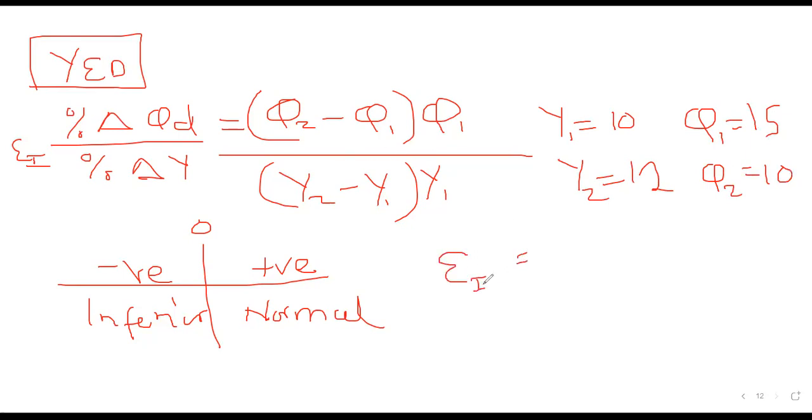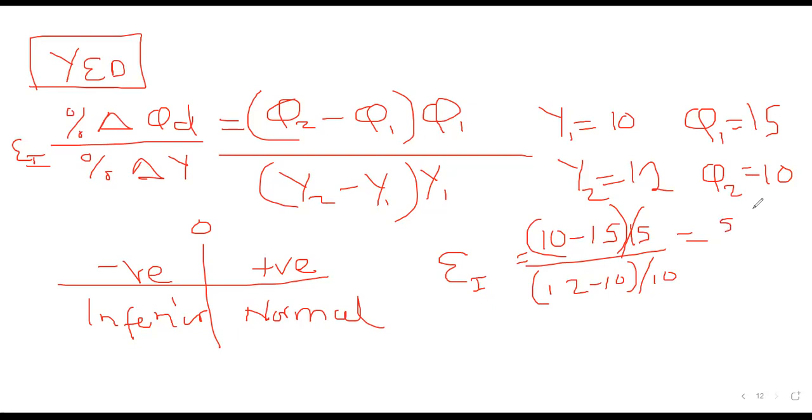So change in Q2 minus Q1, so 10 minus 15 over 15. And here we have 12 minus 10 over 10. So here we're going to have 5 over 15, and here 2 over 10.